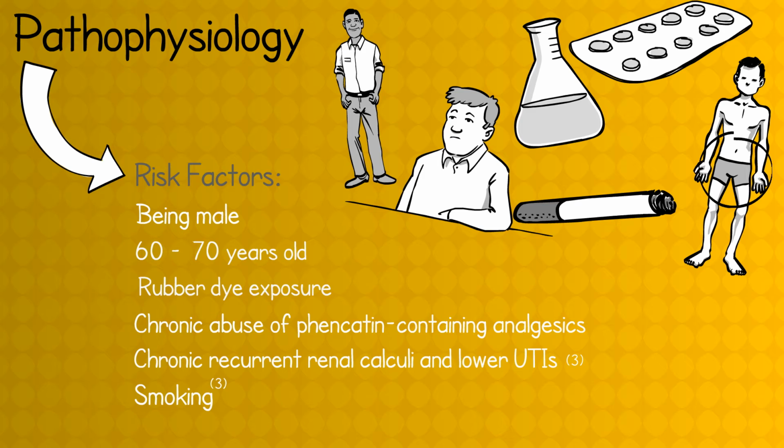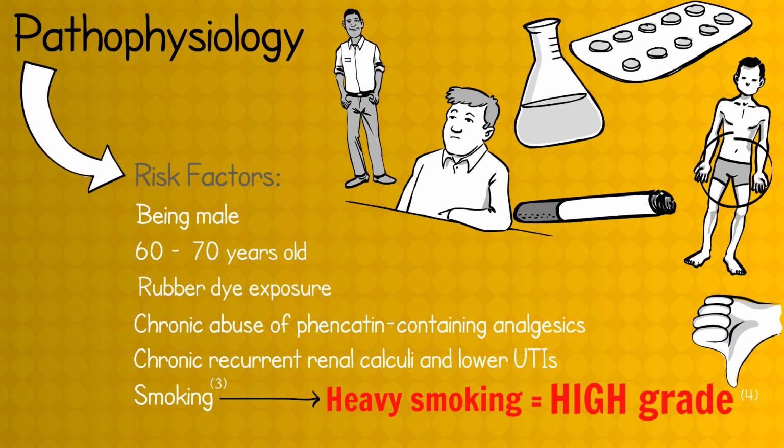According to a study, compared to non-smokers and light smokers, the initial tumors in heavy smokers are more likely to be high-grade with a more advanced clinical stage. In fact, cigarette smoking is the leading risk factor for bladder cancer and is reported to be the causative factor for over half the cases of bladder cancer.